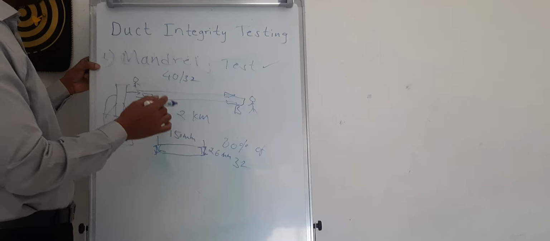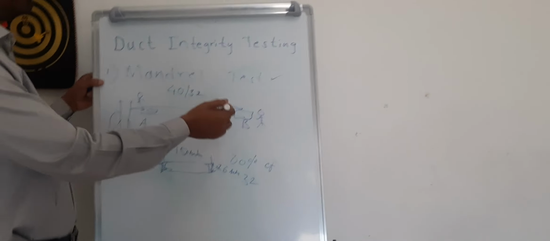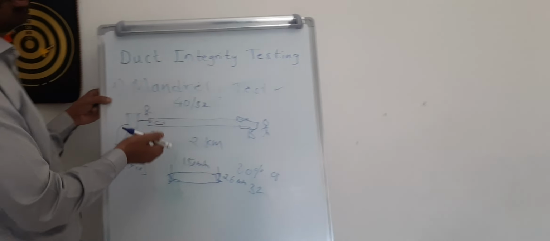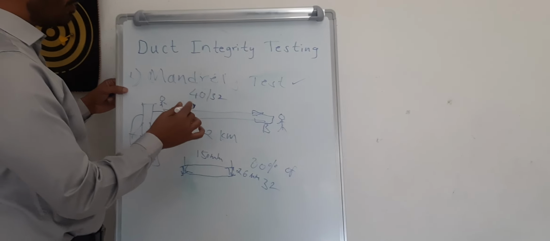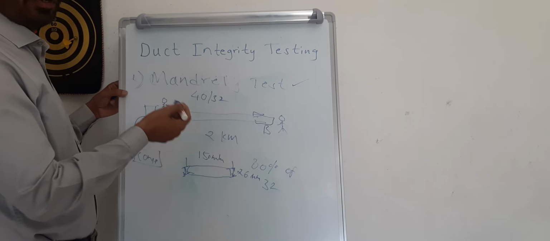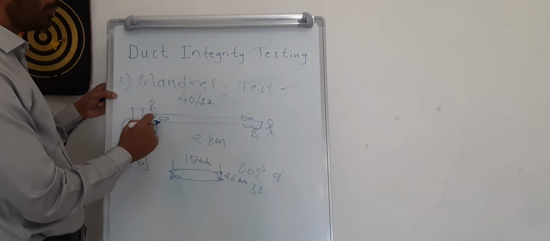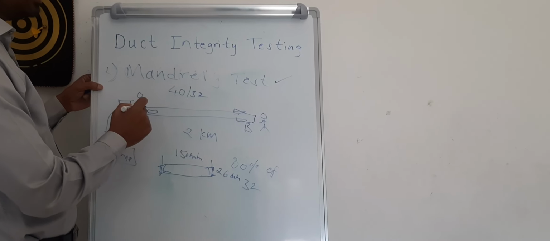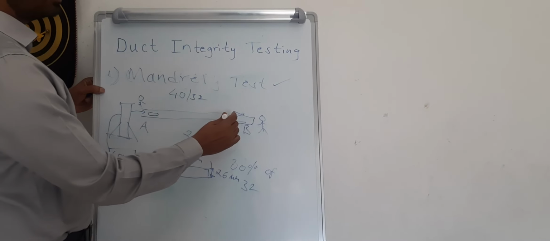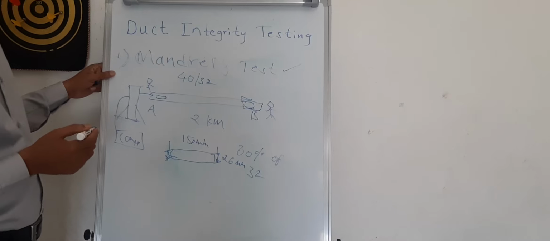Typically for 2 kilometers length, within 3 minutes the shuttle will come out from the other end if there are no blockages. If there is a blockage, there is another way to find out where the shuttle has stopped. Assume you put the shuttle inside, blow 2 to 3 bar air pressure, and the shuttle has been collected here. In this case, your mandrel test is passed.